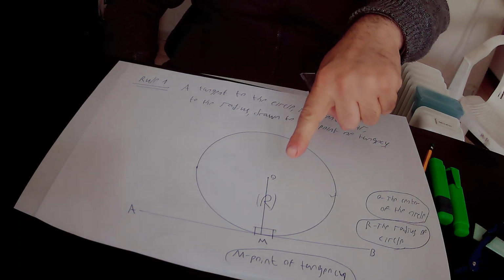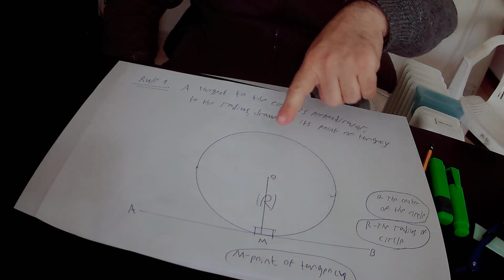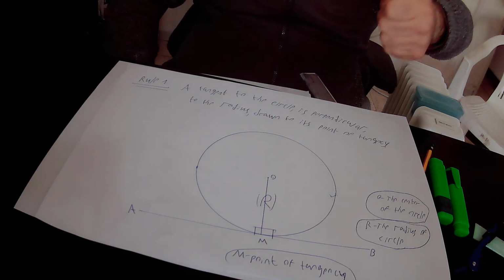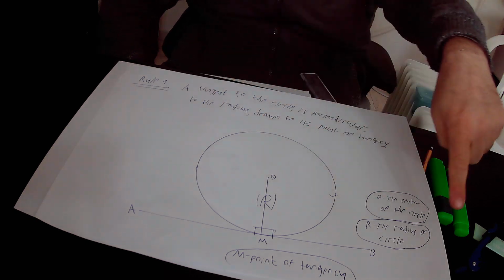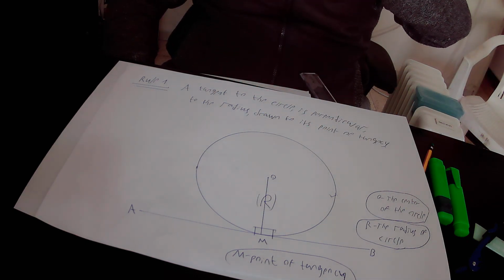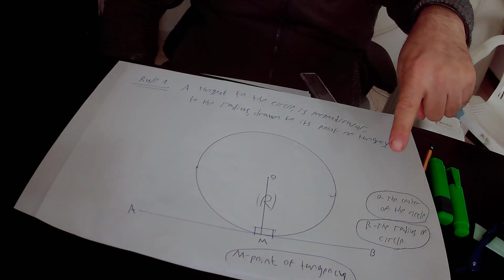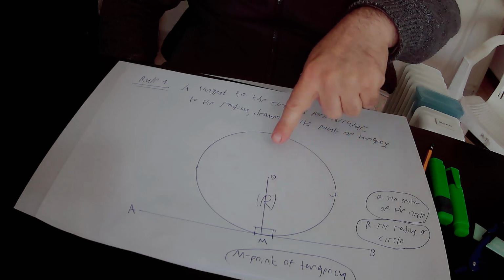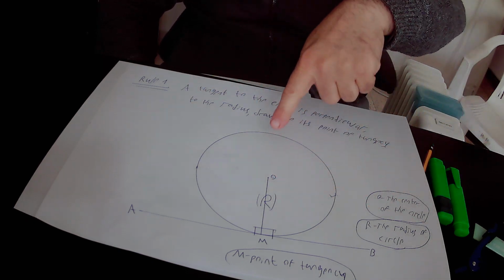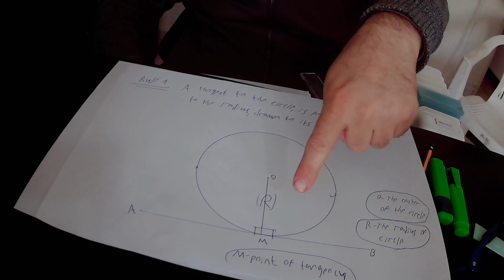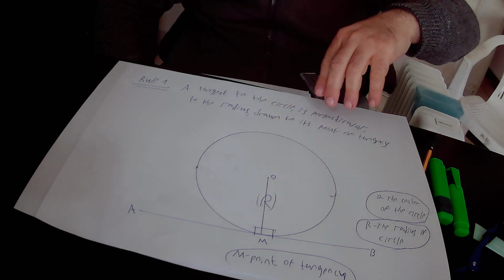And we have the radius OM that is drawn to point M, the point of tangency of tangent AB with this circle. Whenever you have a radius drawn to the point of tangency, then tangent AB will be perpendicular to the radius MO. If AB is perpendicular to MO, it means that this angle equals 90 degrees, and this angle also equals 90 degrees.